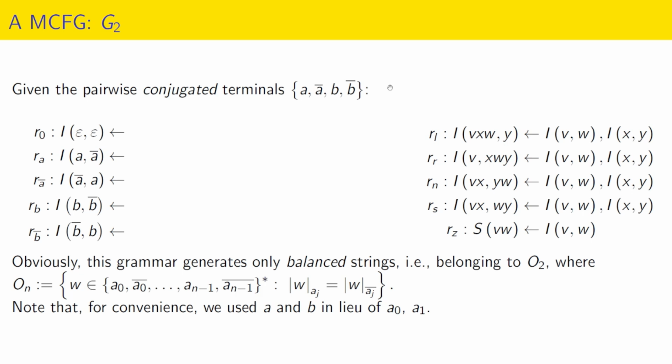So you can have N letters and their conjugates, and you just require that the number of letters and conjugate is always the same number of occurrences, okay?